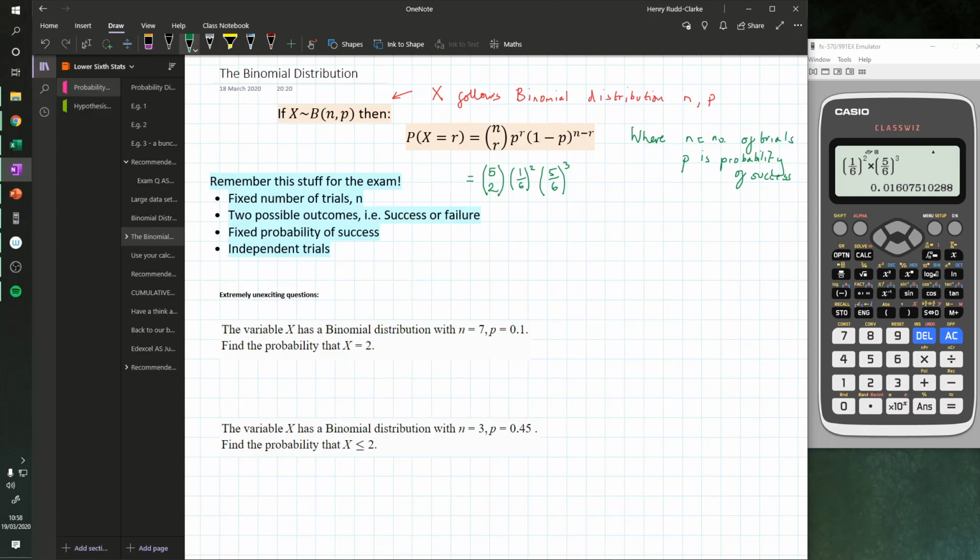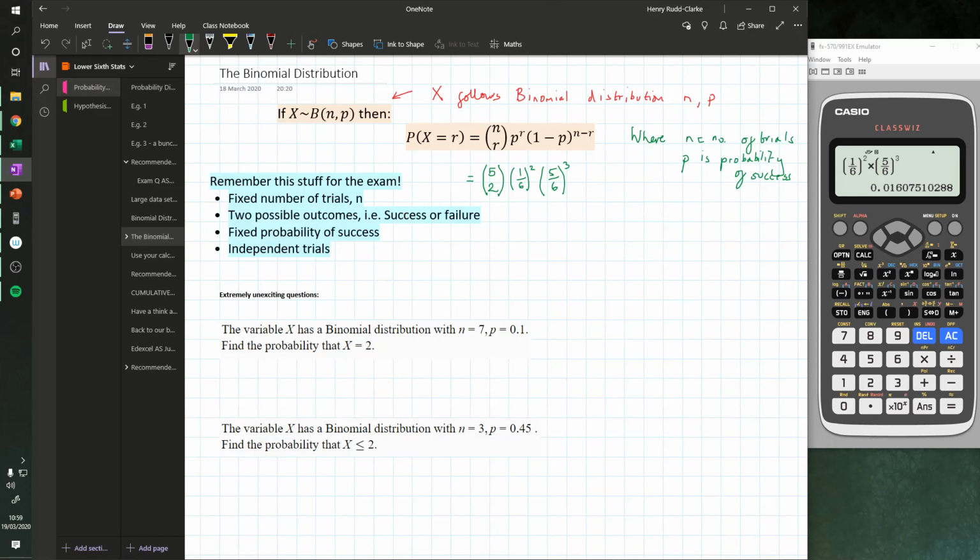So if we're using binomial distribution, there's 4 things you need to remember for the exam. There's going to be a fixed number of trials, which we call n. There are 2 possible outcomes, i.e. success or failure. There's a fixed probability of success, and the trials are all independent of each other. Our dice was a perfect example of that, because we did 5 trials. The outcomes, success or failure, was either rolling a 6 or not rolling a 6.